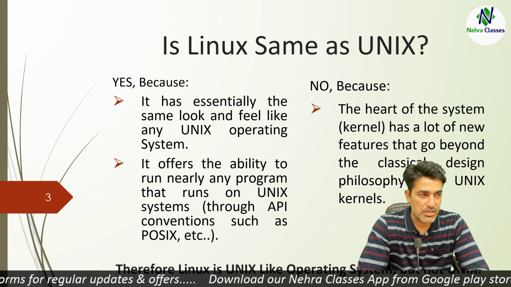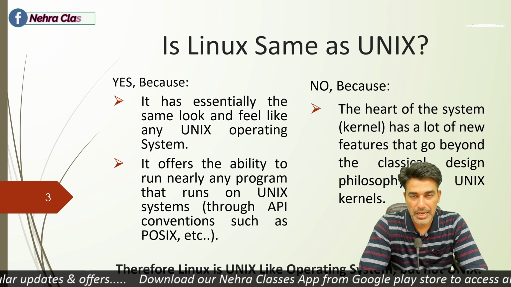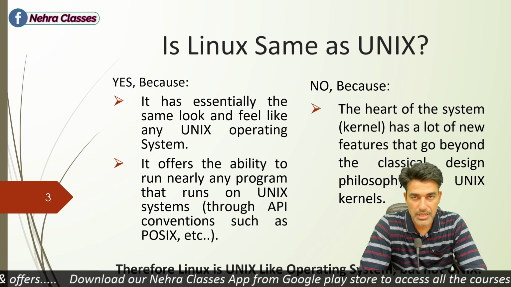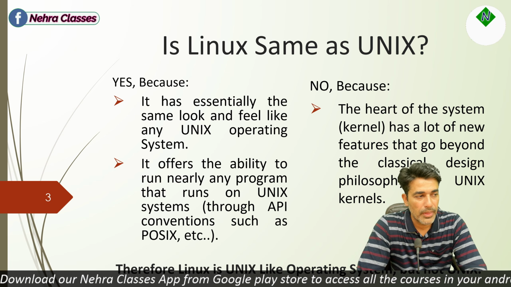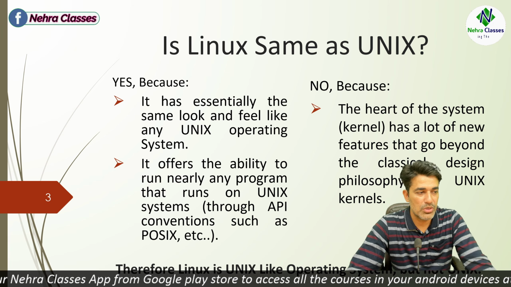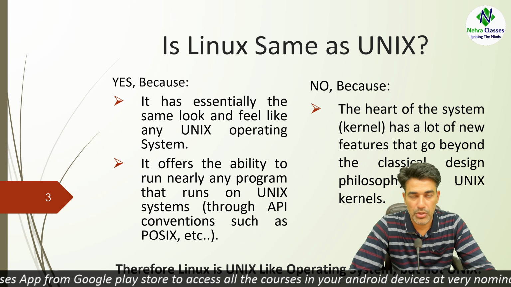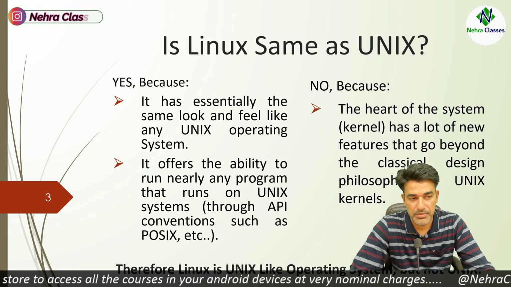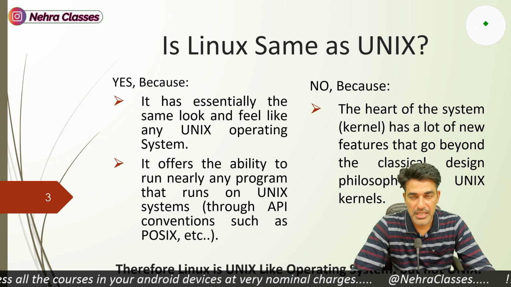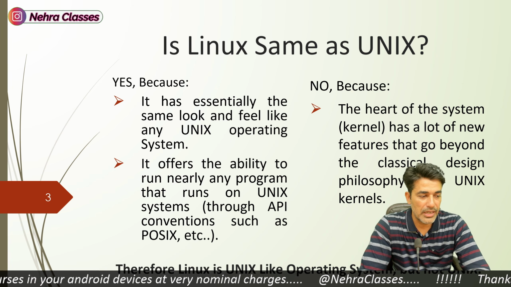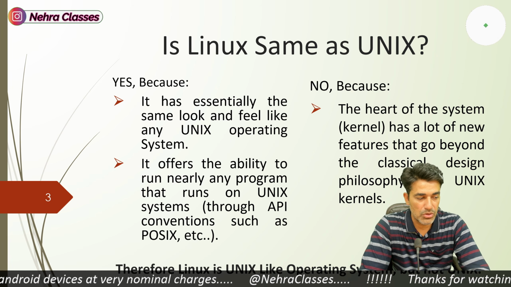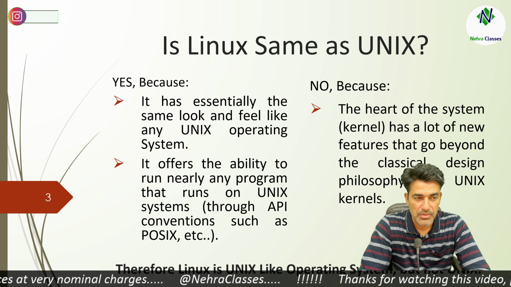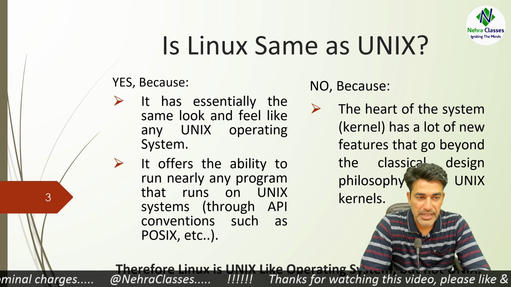Now the question arises, is Linux the same as Unix? The answer is yes as well as no. Why yes? Because it has the same look and feel like any Unix operating system. It offers the ability to run nearly any program that runs on Unix systems. Why is it different?